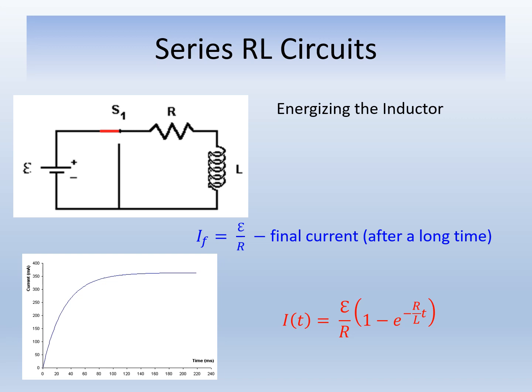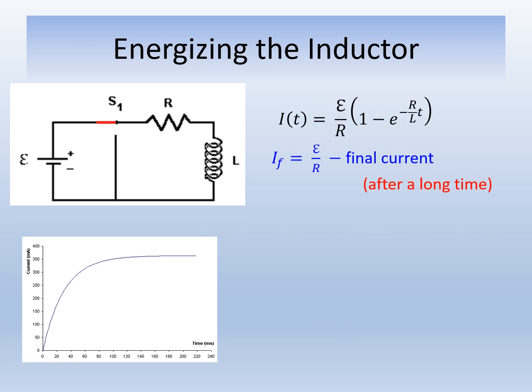Up to that point the current is changing, and this can be modeled by the equation you see here. Let us discuss this equation a little bit. So we understand that in an inductor-resistor circuit, it takes time for the current to become stable.